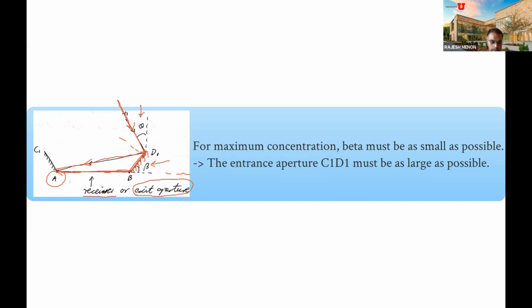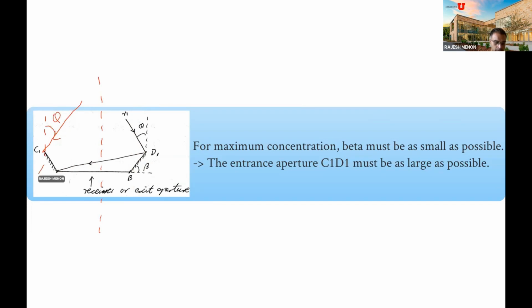Now, this is a symmetric situation. I can draw a completely symmetric ray about this axis, coming in at an angle theta.